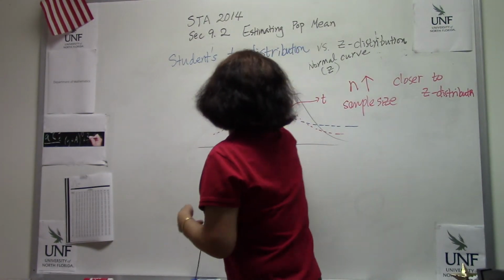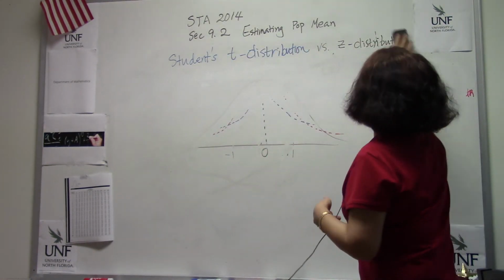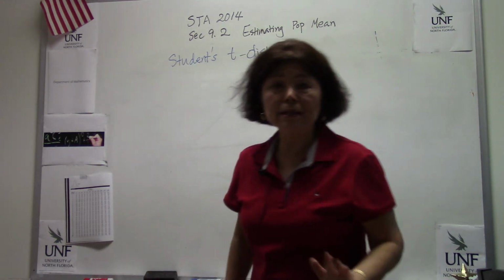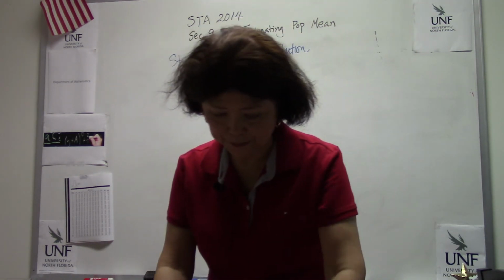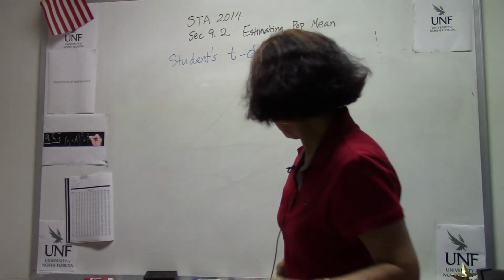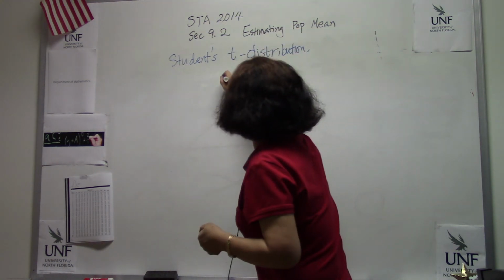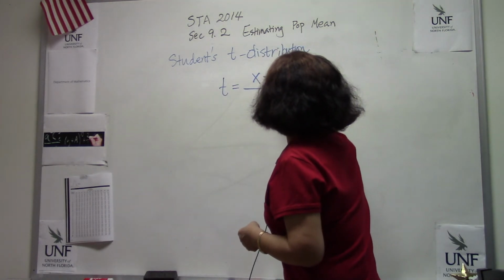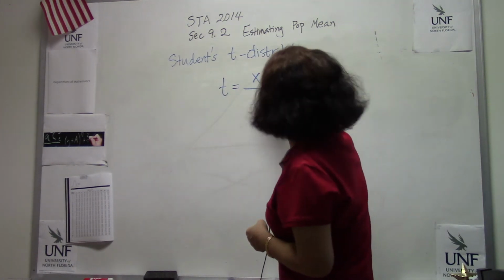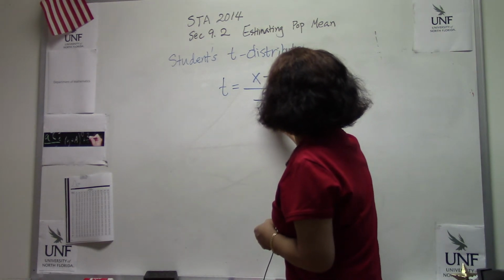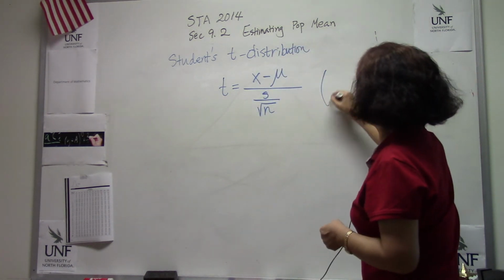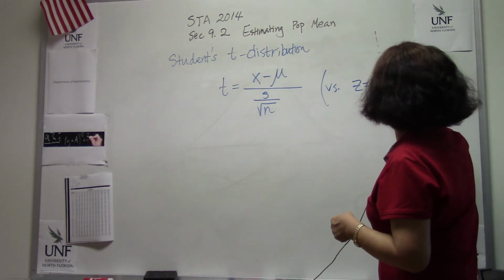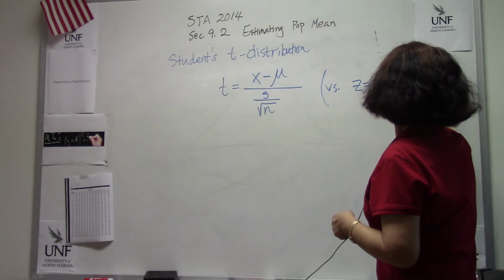So we are going to use it just as we did with the Z distribution, but don't forget, we always think about degrees of freedom. This T means X bar minus mu over S over square root of n. It's very complicated versus what the Z variable was. The Z value was X minus mu over sigma.